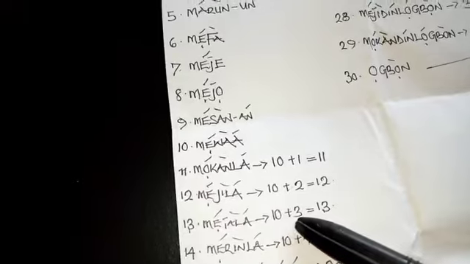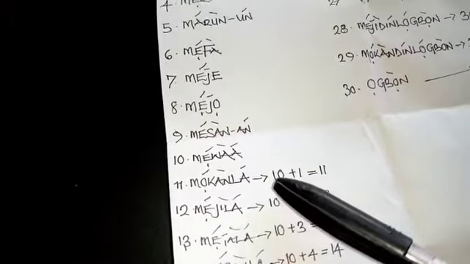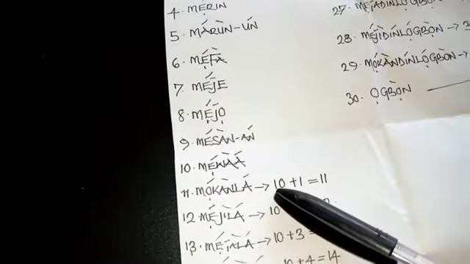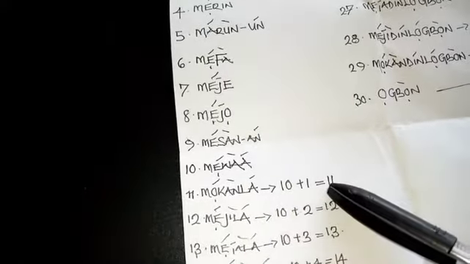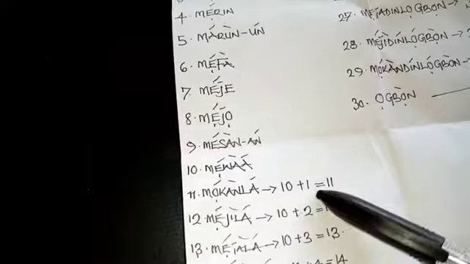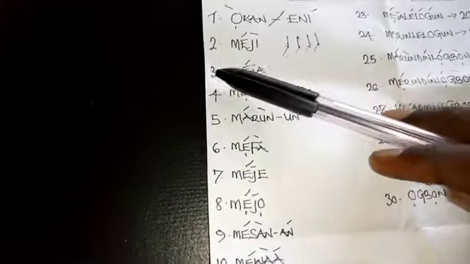Mẹ́tàlá, 10 plus 3. What do we mean by la? That means 1 is being added to 10. It gives us mọ́kànlá. That mọ́kàn means 1. Méjìlá, you can see méjì, which means what? 2.